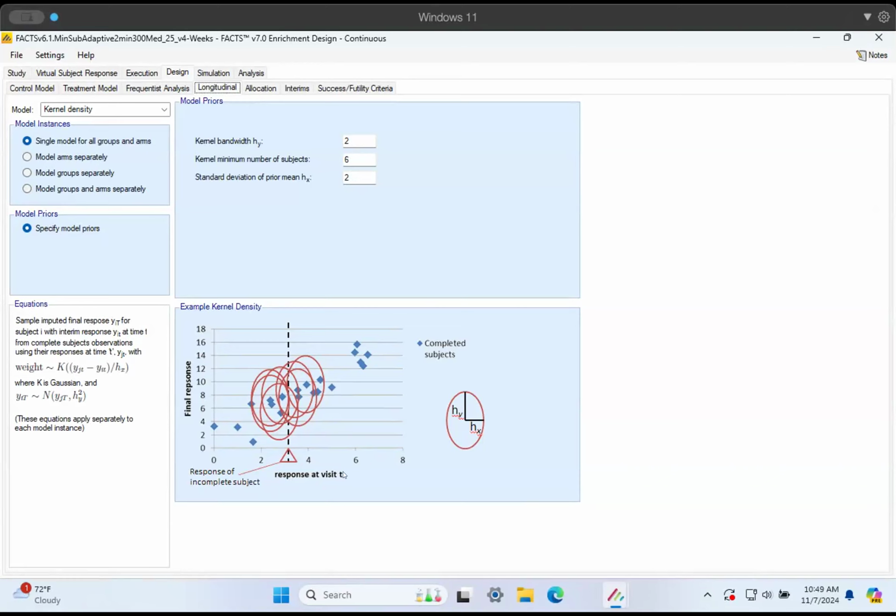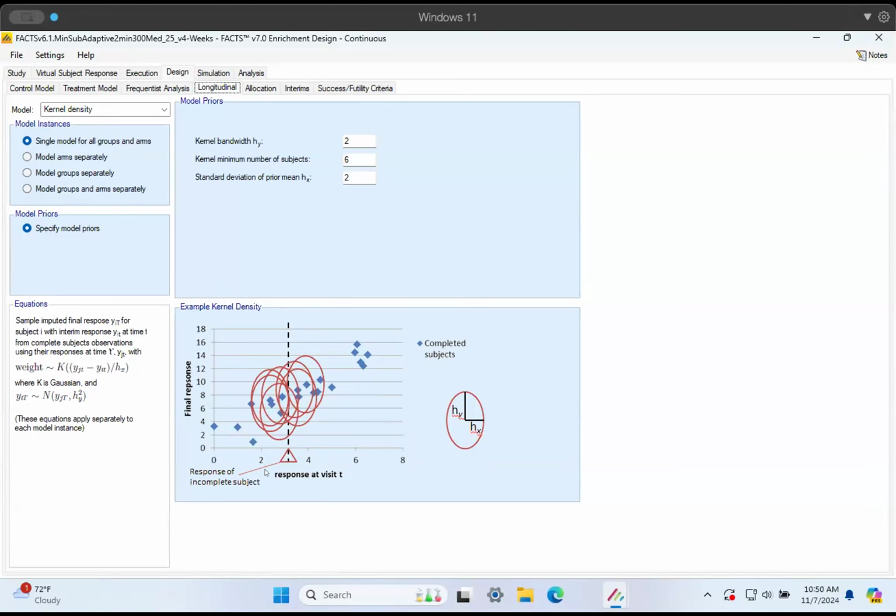So you can think of this as 90-day and 180-day utility-weighted MRS outcomes. Of course, the picture's not on our scale, but that's the way you can think about it. What we do with the longitudinal model to relate early outcomes to late outcomes is use this kernel density approach.